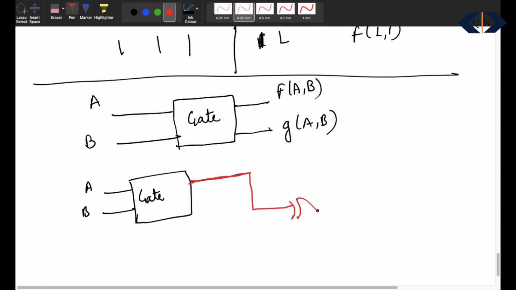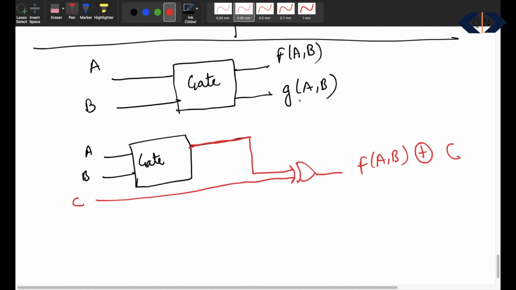So which will be moving to an XOR gate, and there will be a C. Correct? So this will be returning as function of A and B, and we will be having the XOR operation with C. Correct?